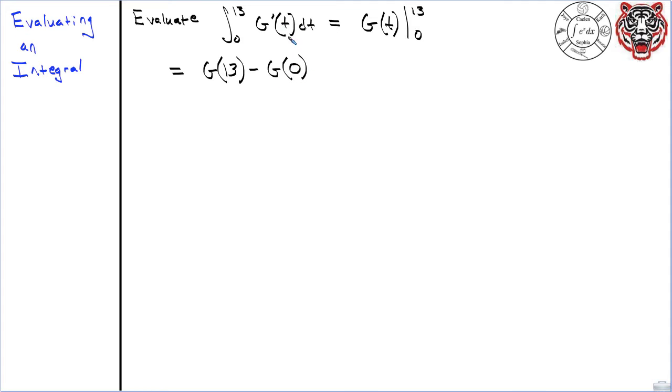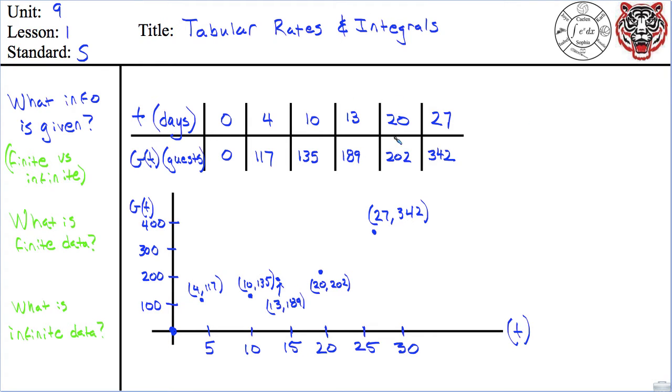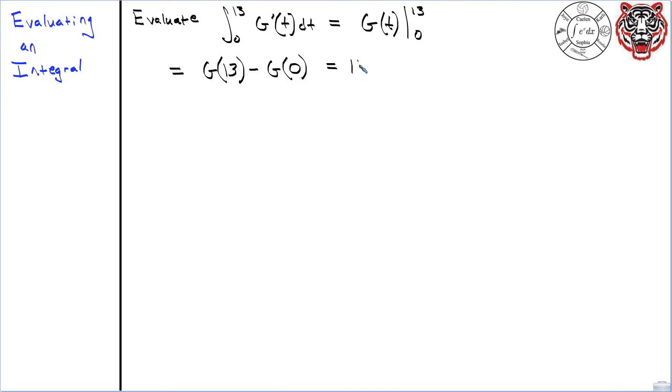There is a way to go backwards, because the antiderivative of g prime is just g, and then we evaluate from our bounds. So g of 13 is 189 minus g of 0, which is 0.